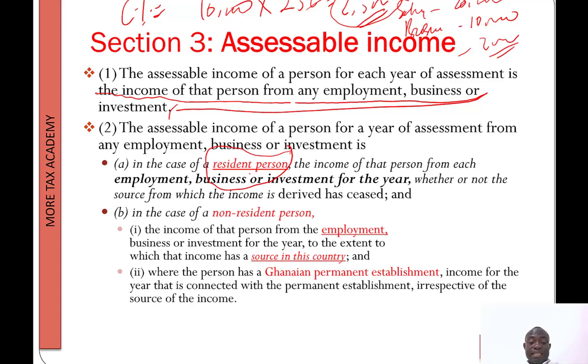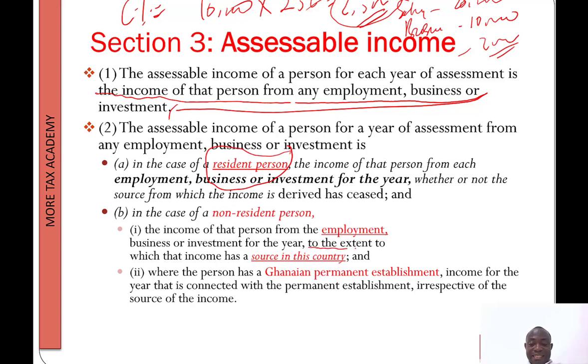Now, when you are looking at non-resident, the matter is different. So B says that in the case of a non-resident person, so now we have two types of persons, resident person and non-resident person. And non-resident here is also not the ordinary meaning of resident, non-resident. We'll come and look at it in detail. So in the case of a non-resident person, the income of that person from the employment, business, or investment for the year. Yes, but we need to go further.